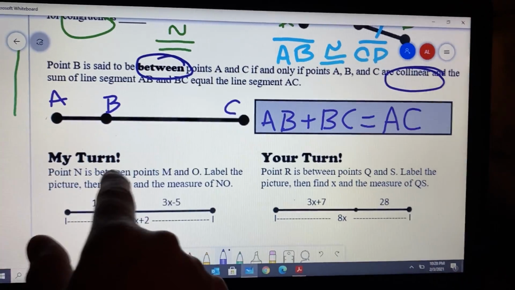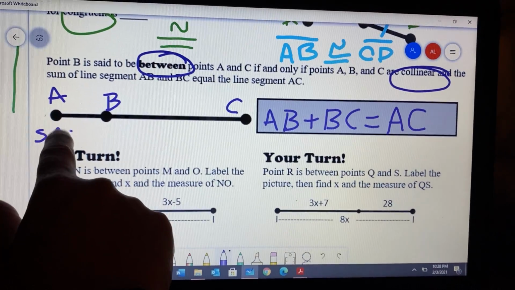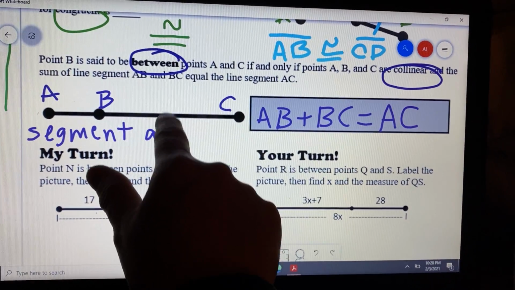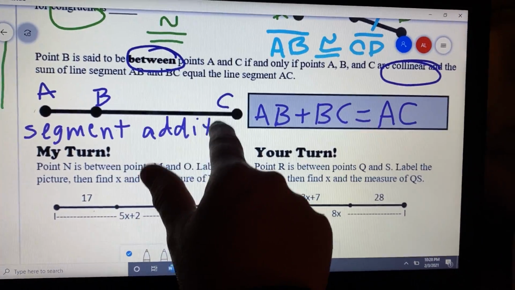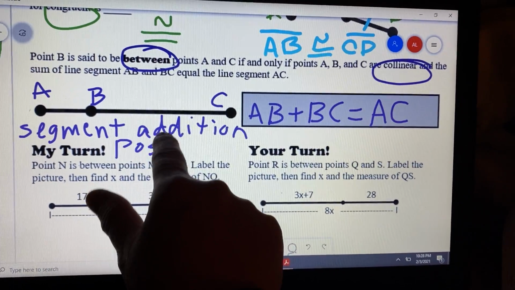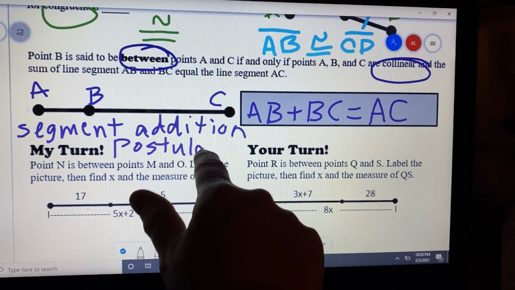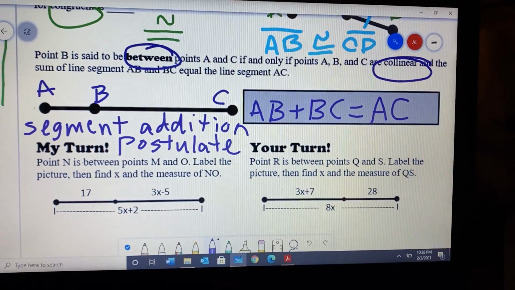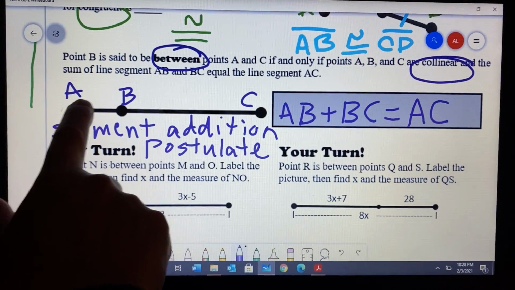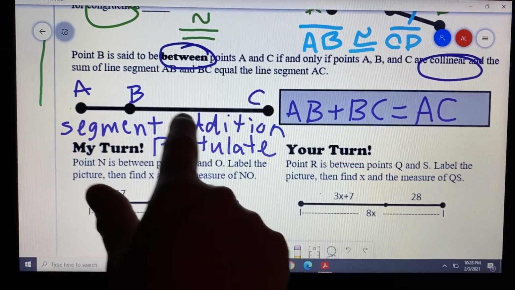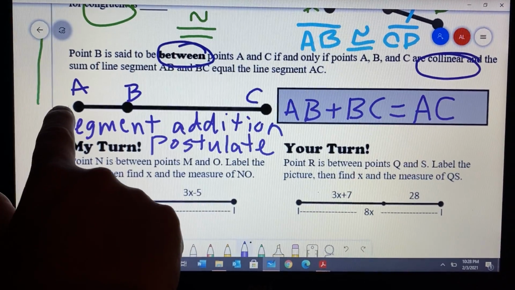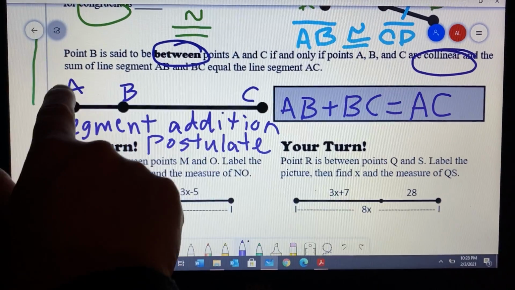So all this postulate's saying, and it's the segment addition postulate, is that the length of this little piece plus the length of this little piece together make the length of the whole piece.